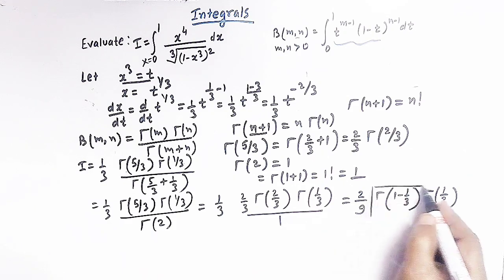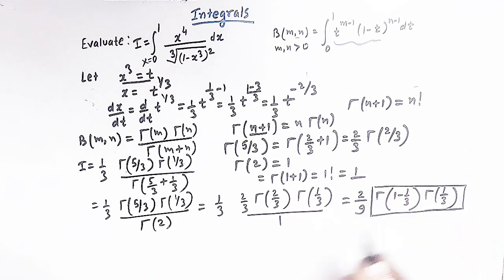So now let us look at this expression. So we know that from Euler's reflection formula, that is gamma 1 minus n times gamma n is equal to pi over sine n pi, right?